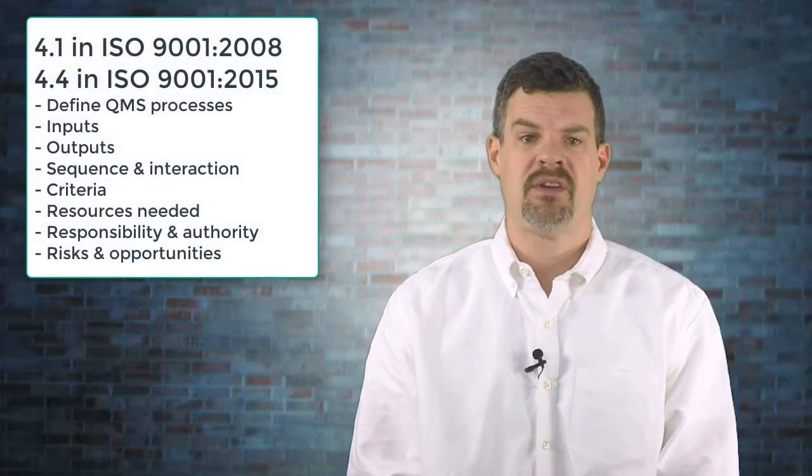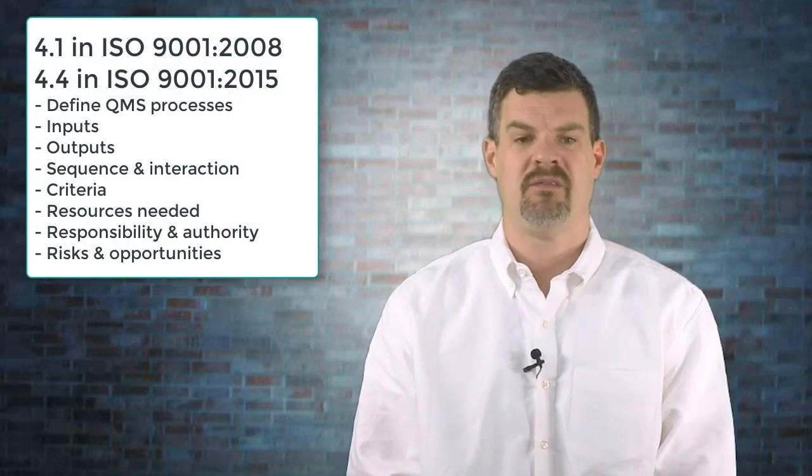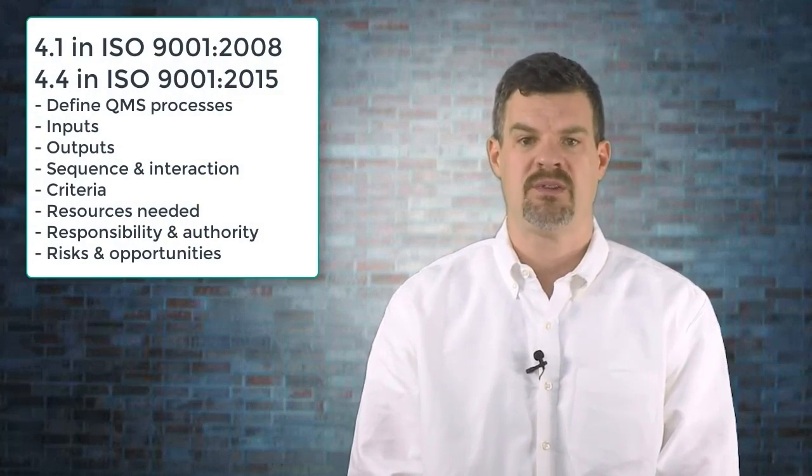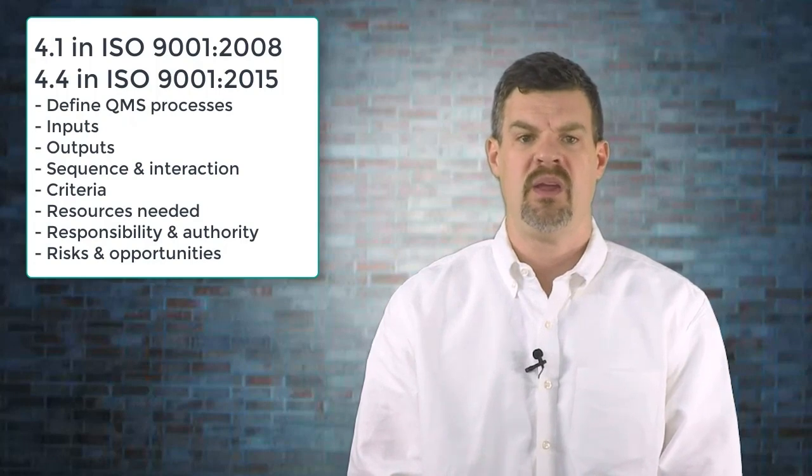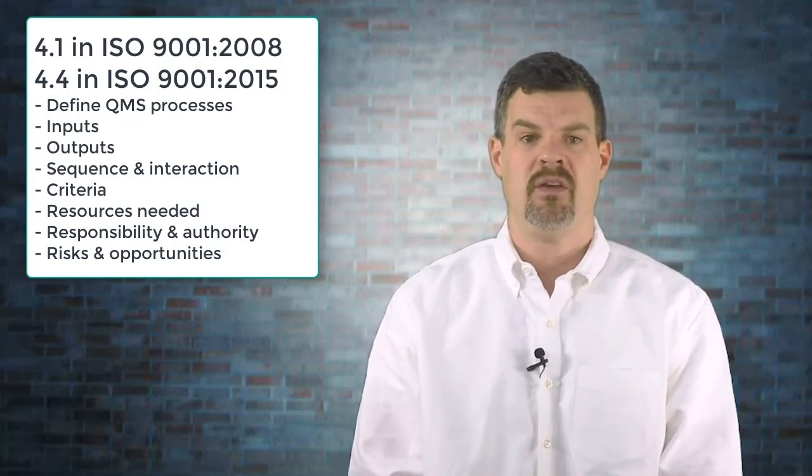So quickly to review my answers to these questions, I would say for item number 1, clause 4.1 is what prompts me to use a turtle diagram, defining the context of the organization, criteria, resource needs, etc., whether it be IATF 16949, ISO 9001:2008, or 2015.